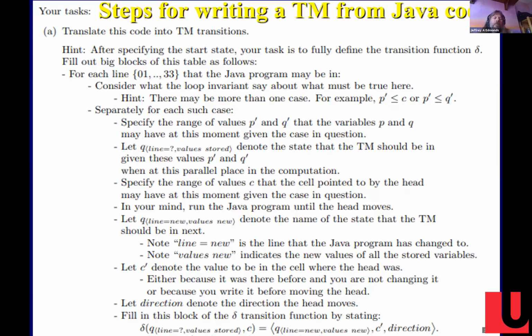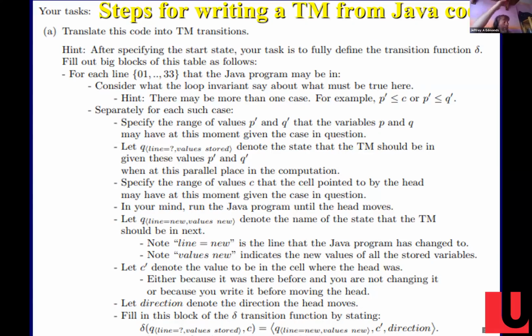Okay, now, again, pretend we have a particular value of C. Because we've got a particular value of P and Q, and a particular value of C, we have a particular case in mind. We should be able to go back to this Java code and run it.